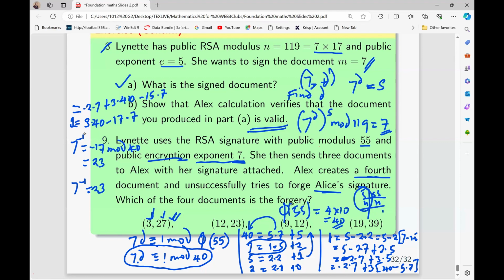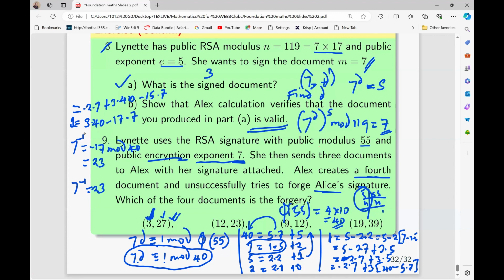What happened when Net receives this message? What message did she receive? She received 3, the original message.